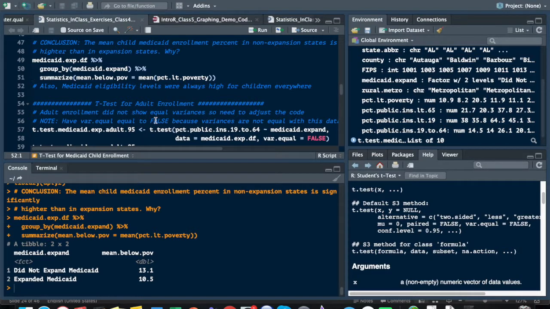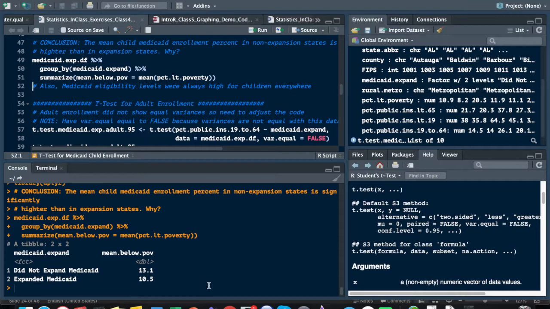It's going to print a summary table. I looked at the mean below the poverty line in states that did not expand Medicaid, and the mean below the poverty line in those that did. You're seeing that poverty is higher in those that did not expand Medicaid.